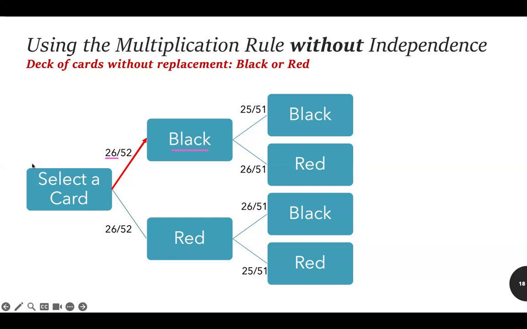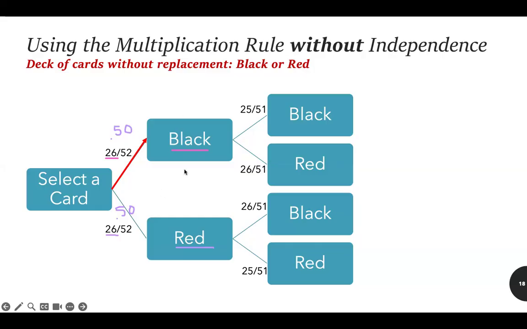And then for red, I also have 26. And so 26 plus 26 is 52. So that's where I got that denominator there. So 26 over 52, that would also be 0.5. That would be the other way to think about that, 0.5. That's our probability when we first start, our probability of getting a black or a red card.